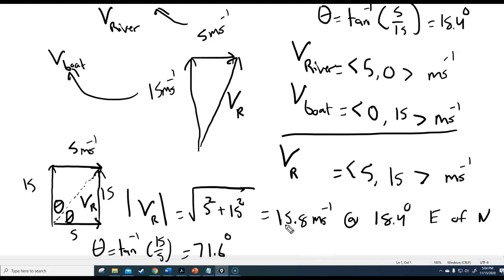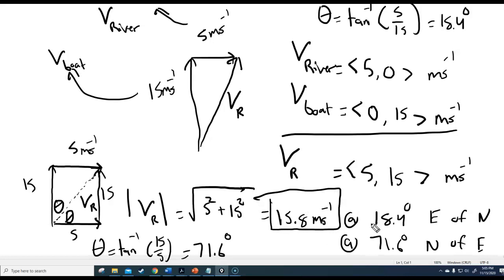So I could say 15.8 meters per second at 18.4 degrees east of north, or I also could have said 71.6 degrees north of east, and either of those answers would have been fine. As long as it's correct, it's correct. This is the magnitude, and either one of these two things is okay for direction.